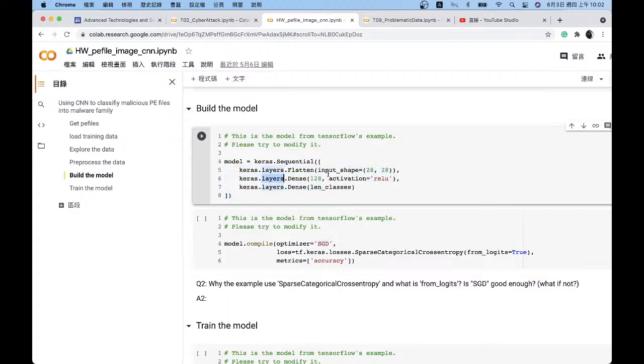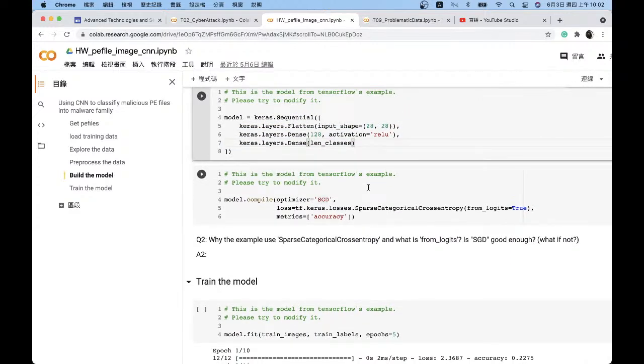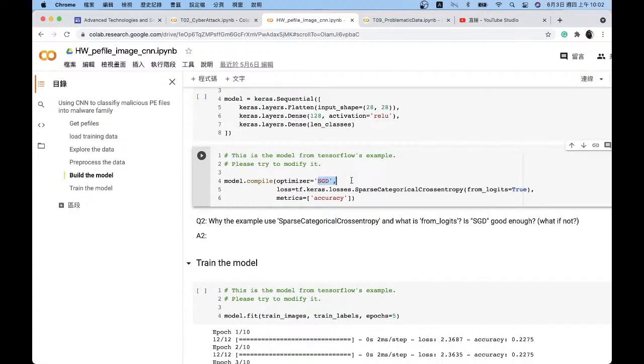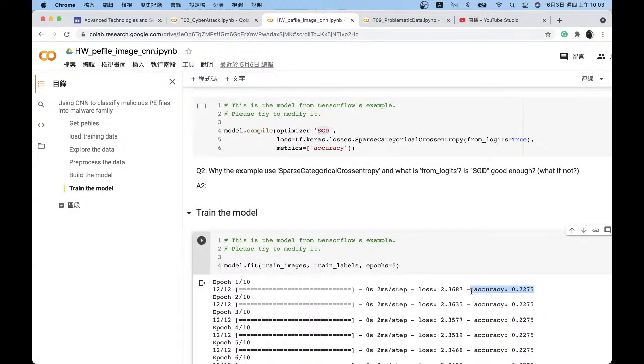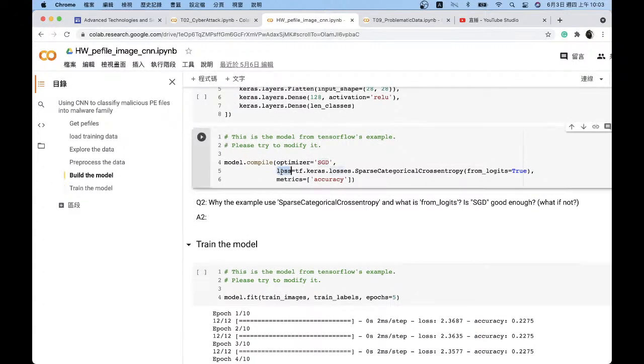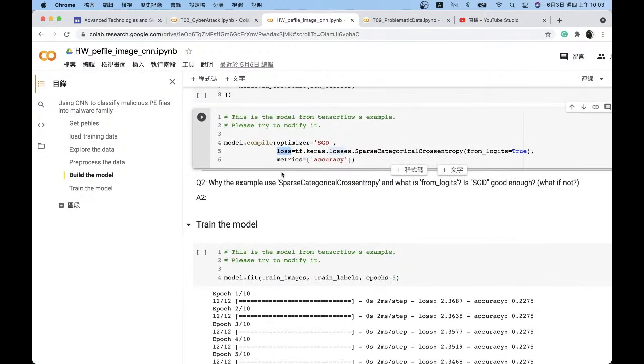You can use this structure, which will provide you better performance. And I deliberately use a very basic optimizer right here, which is SGD. But if you use Adam or Ada, or some other more advanced optimizer, I believe the accuracy will be much better. And you can also use some other loss function, which is good. We can use sparse.